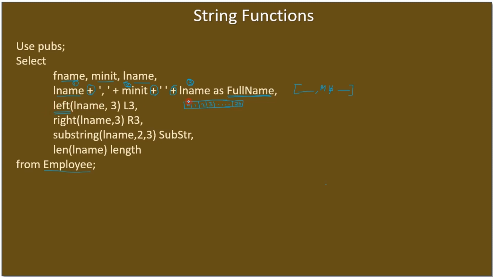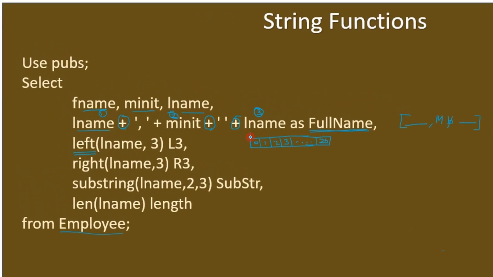The left will take the string from the base datum, from here up to 3 it will take. Left of 3 means this part. Similarly, right of 3 means 3 characters from the right side. So if you see clearly, left and right are useful to split the string from the left or right position.